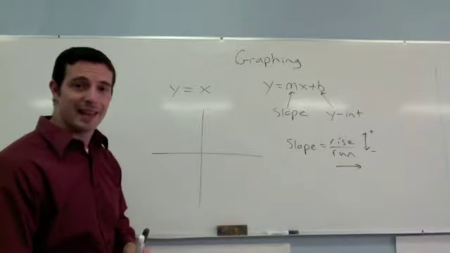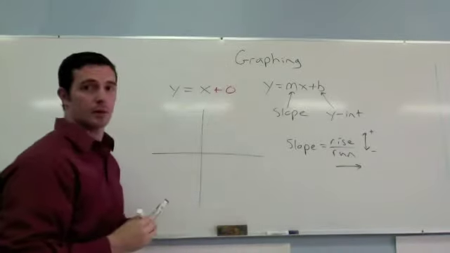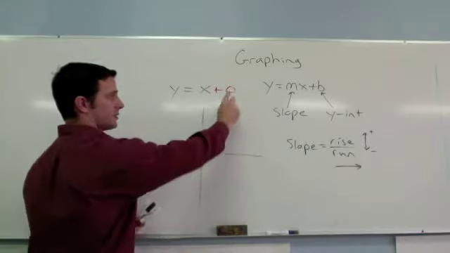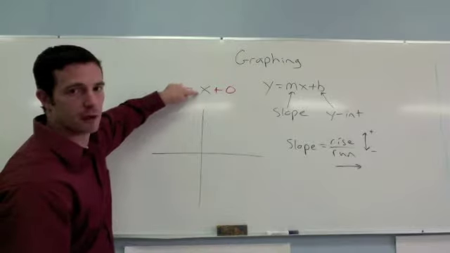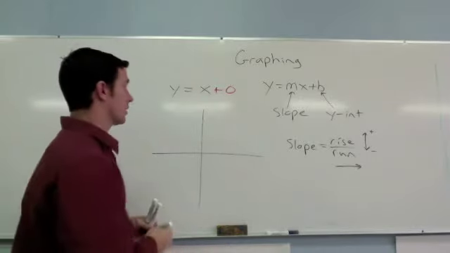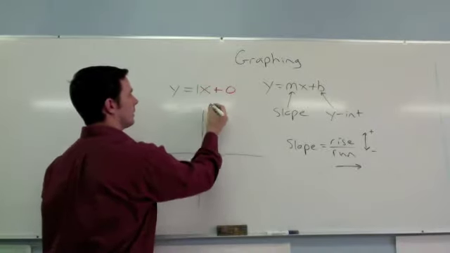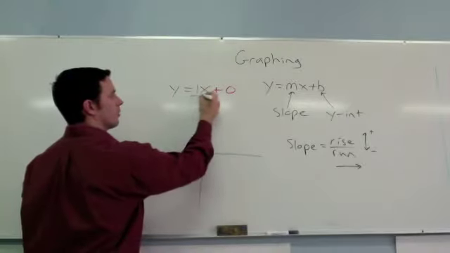If you want to add that in, you can. Just put plus 0. So this is my starting point, my slope. When you don't see a number in front of the x, you assume the number is 1. So I can put a 1 there. And since I want my slope to look like a fraction, put a 1 underneath.